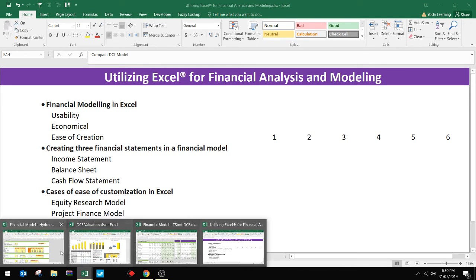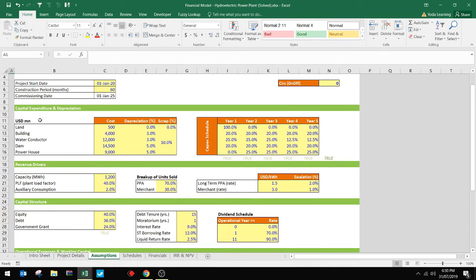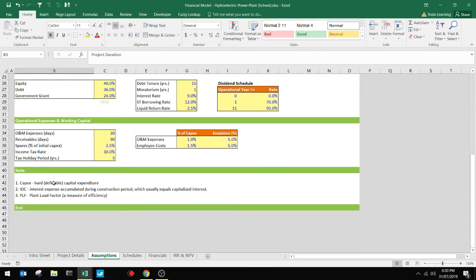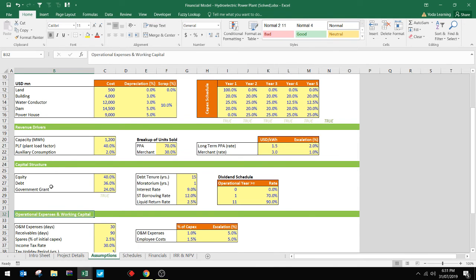We're going to start with project finance. As you can see, this is the assumptions sheet. The assumptions sheet is where all the key numbers or the starting point are stated. You have your revenue assumptions, capex assumptions, the project duration, your capital structure, operating expenses, etc. These are the initial year assumptions.